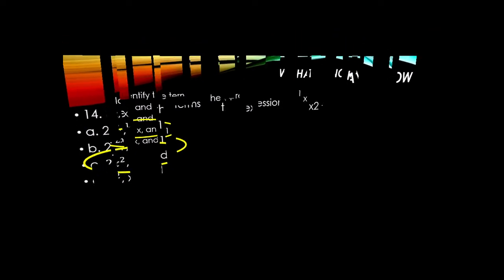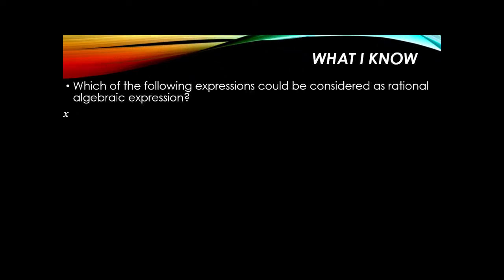Okay, number 15. The last number. Which of the following expression could be considered as rational algebraic expression? Letter A, square root of 50x. B, 5x raised to the power of 12.